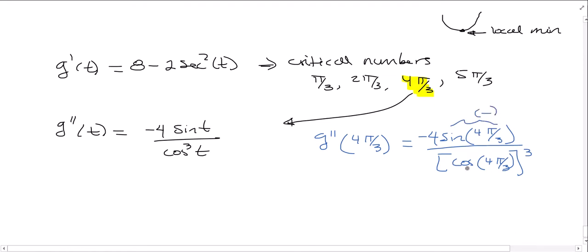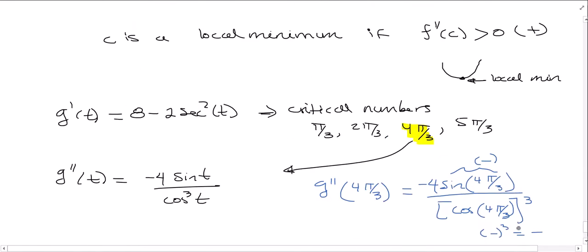This is negative, and cosine is also negative in the third quadrant, and a negative cube is negative. So you have negative 4 times a negative times a negative, which is negative.